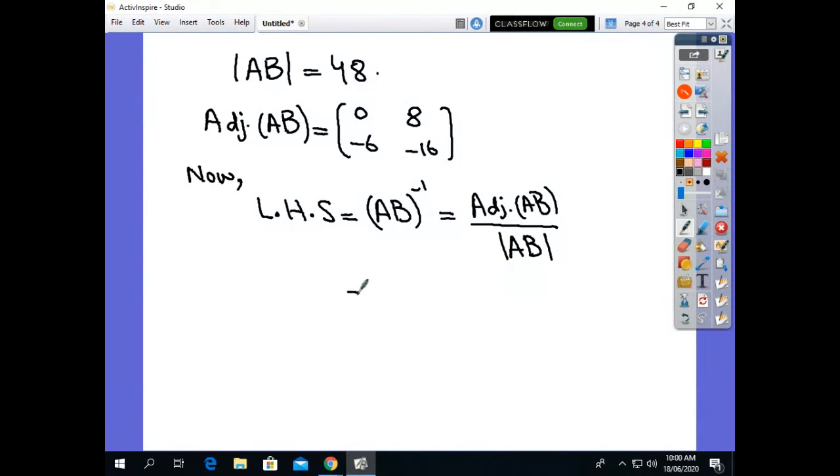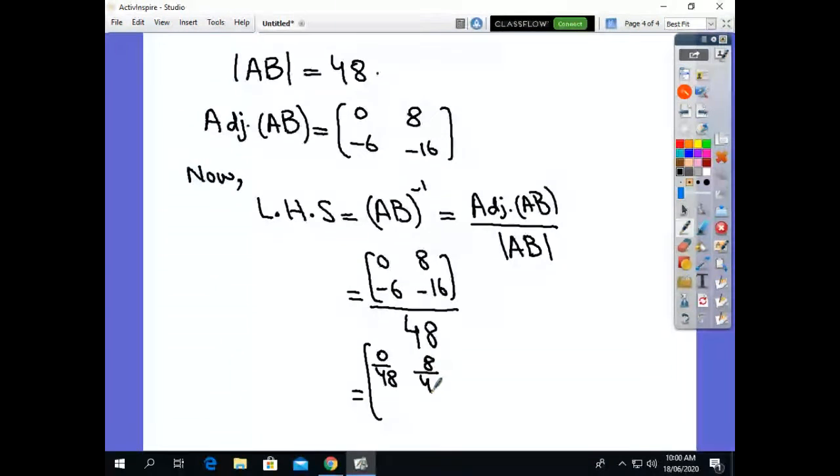Now replace the value of adjoint of AB. Adjoint of AB is 0, 8, negative 6, negative 16. Determinant of AB is 48. Now divide all the values by 48. We have 0 divided by 48, 8 divided by 48, similarly negative 6 divided by 48 and negative 16 divided by 48.